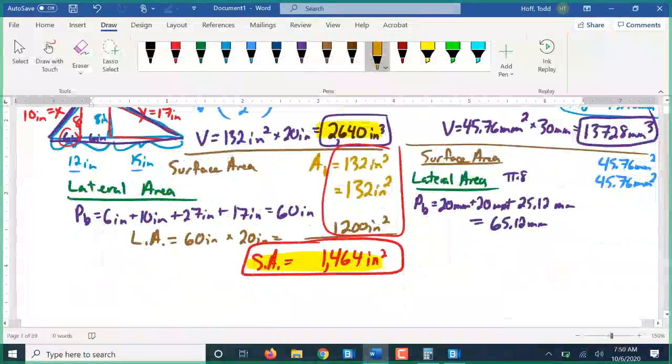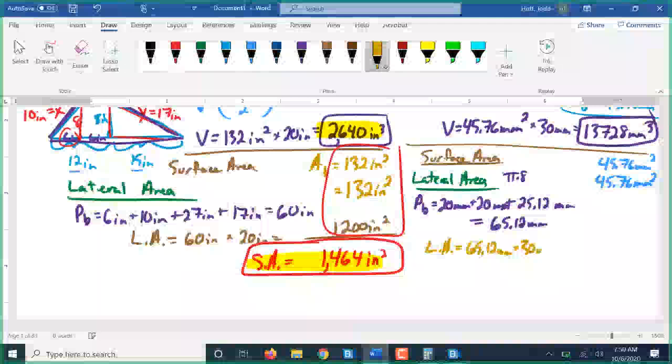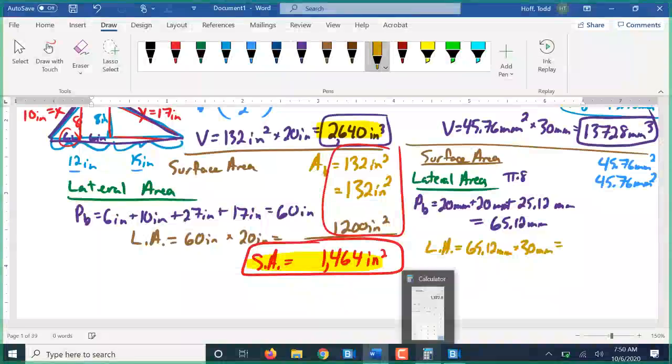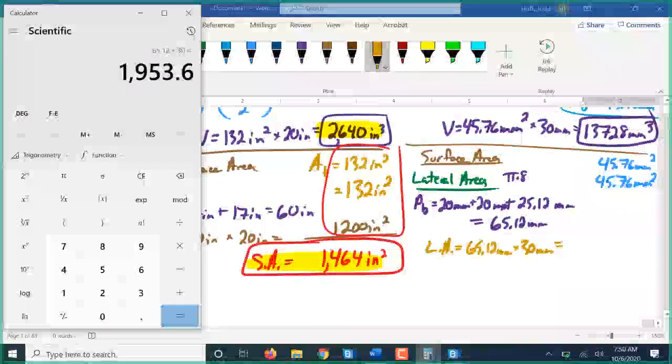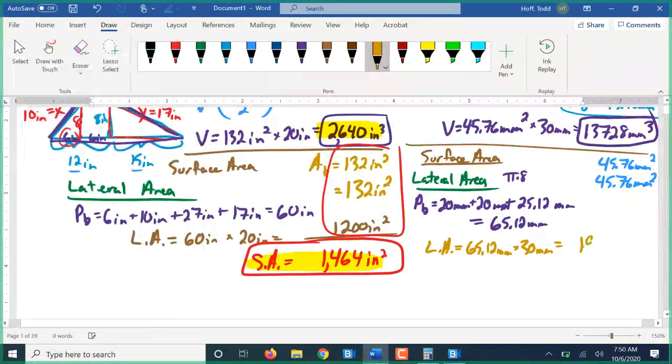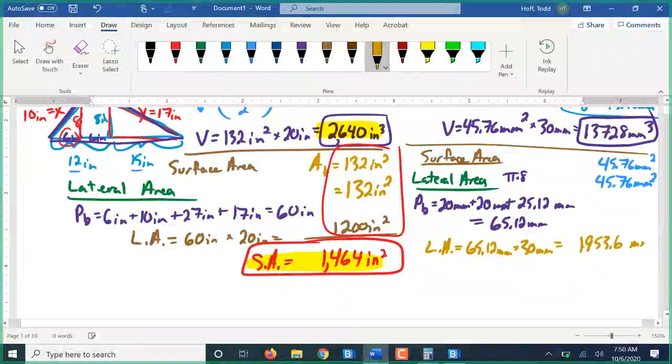So our lateral area is the perimeter of the base, 65.12 millimeters, times our height of 30 millimeters, giving us 1,953.6 millimeters squared is the lateral area.